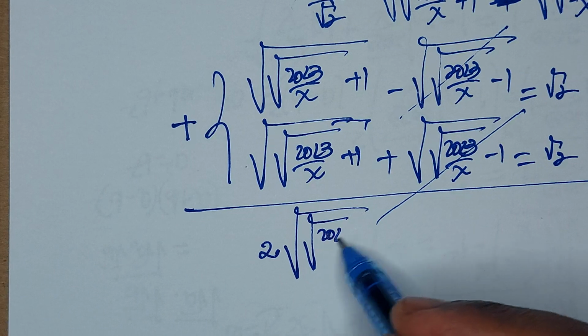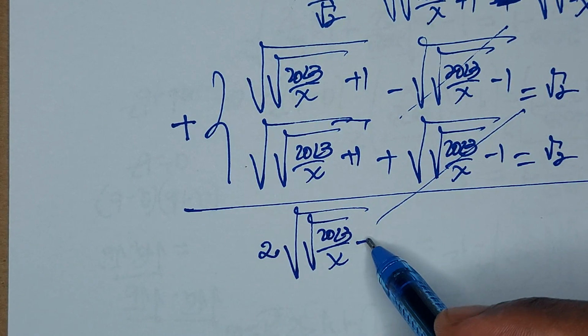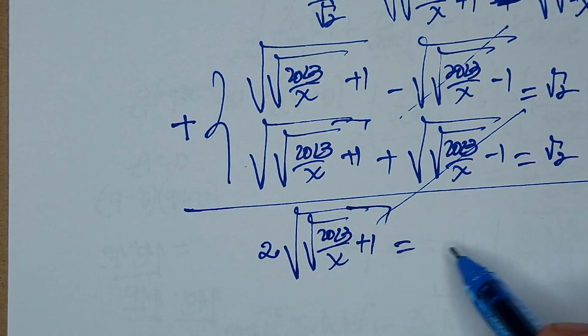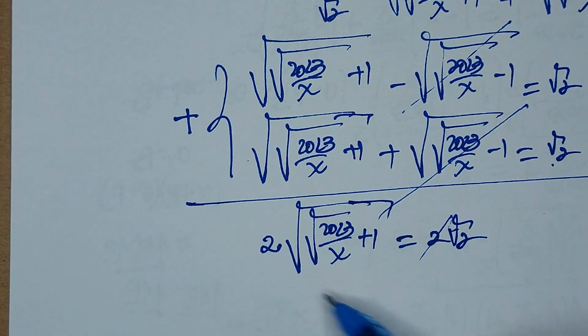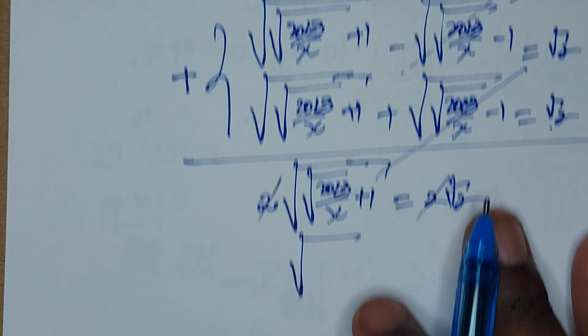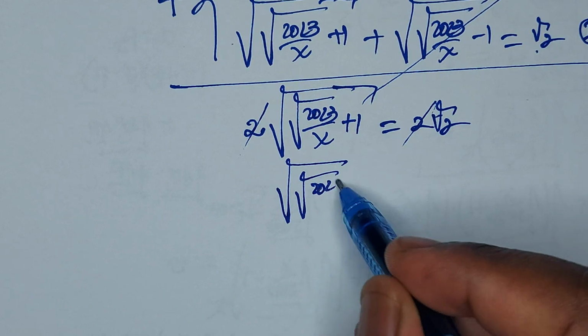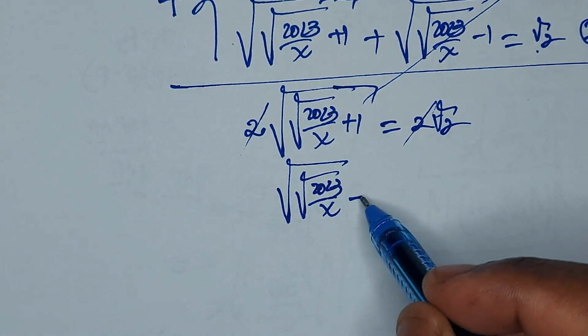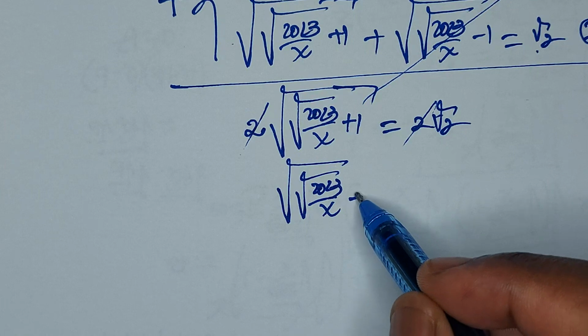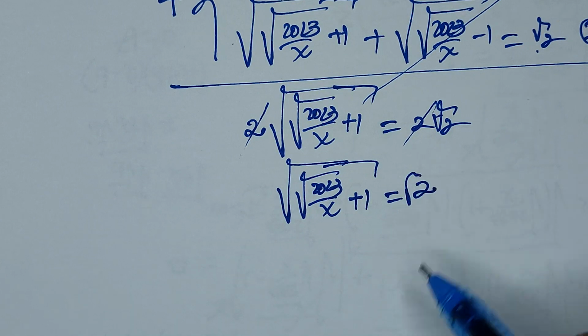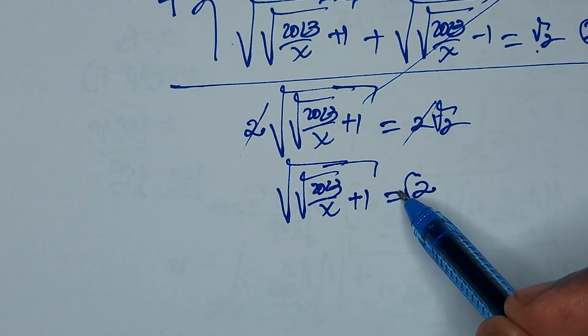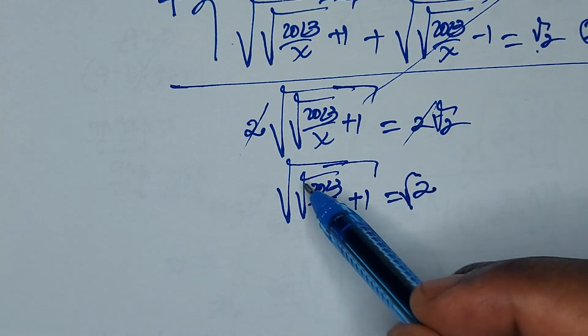This is going to be 2 times the square root of 2023 over x plus 1, and this is equal to 2 square root of 2. So 2 goes with 2, dividing by 2, we have only the square root of 2023 over x plus 1 equals the square root of 2. If I have the square root of 2 here and the square root of something here, you can cut this.